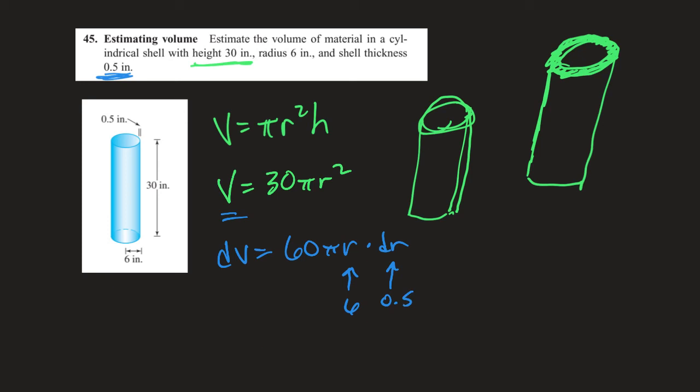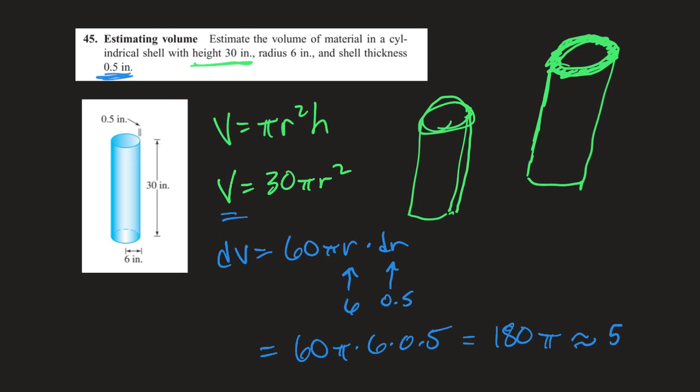So essentially what we need to compute is 60 times pi times 6 times 0.5. And I can actually do a lot of that math in my head here. Half of 6 is 3. 3 times 60 is 180. So we're talking about 180 pi. And if you want the decimal approximation, that's approximately equal to 565.5.